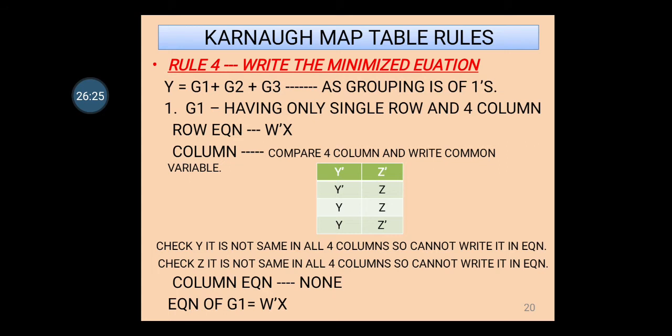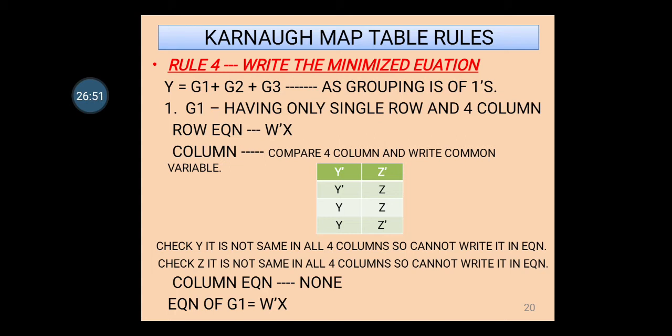In this slide I have explained the same thing which I explained in the last slide, how to write the equation. In group 1, there is only one single row and 4 columns. So we are going to check the row equation. The row equation remains the same because it is a single row. There is no comparison, you cannot check, and therefore as it is you are going to write it. Then the column is written here, check Y bar, Z bar.